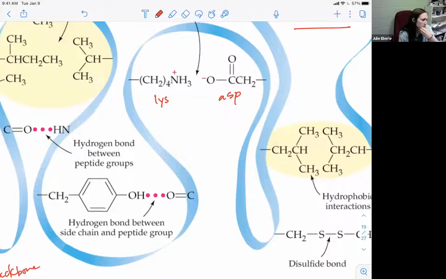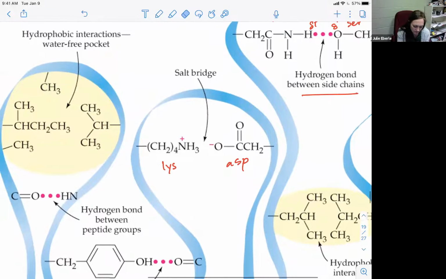And you see the full positive charge on the nitrogen group, the amine group of lysine, and then this carboxylate anion portion of aspartate has the negative charge. So the interaction here is the salt bridge. It's a full positive and a full negative charge. These are not partial positive, partial negative. You don't have to write the little Greek delta sign in. So this would be a salt bridge.